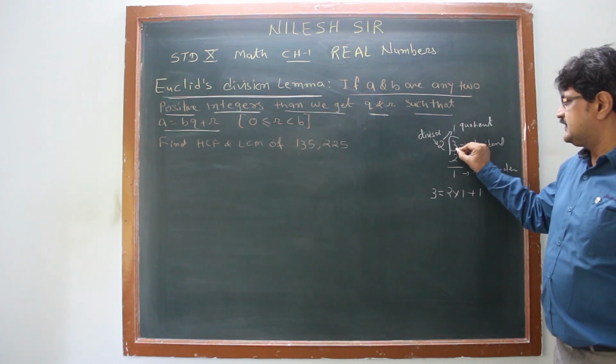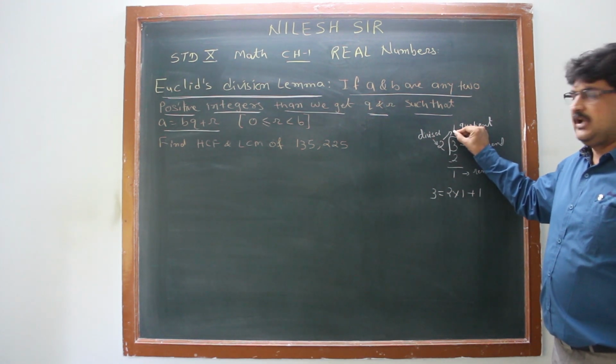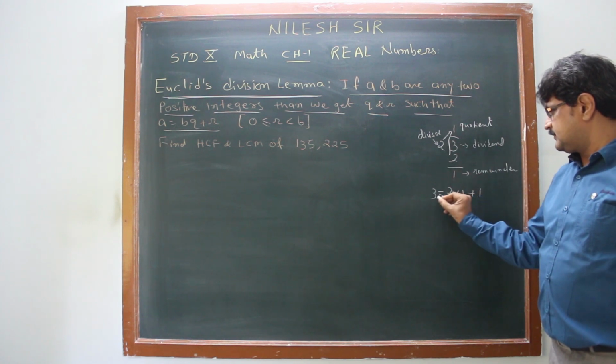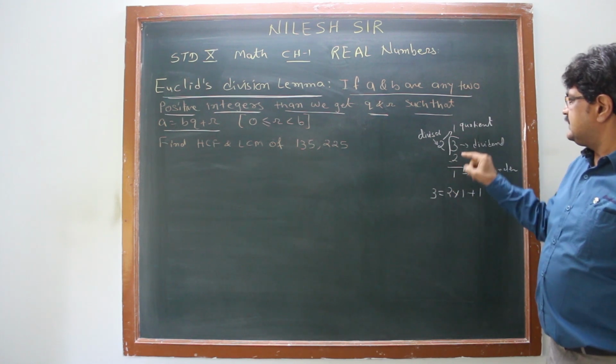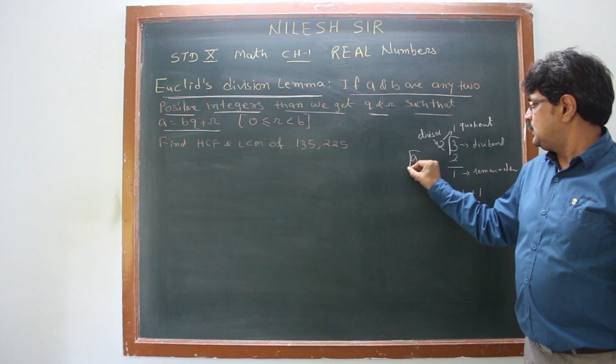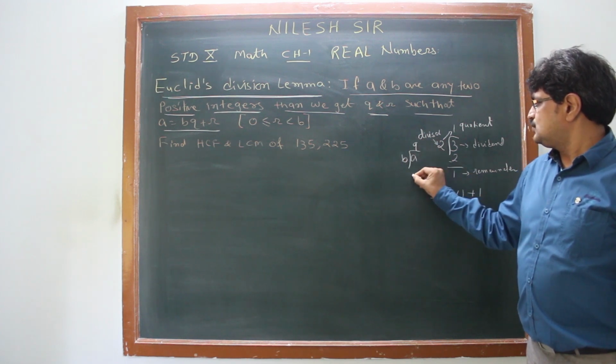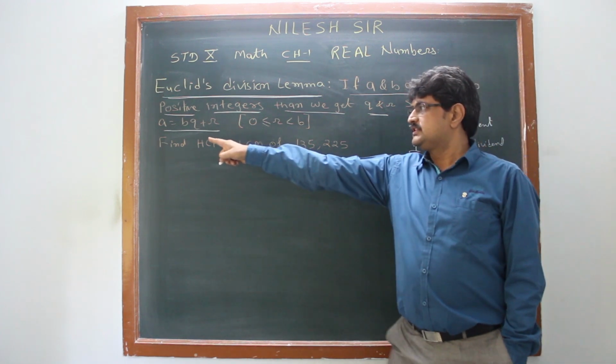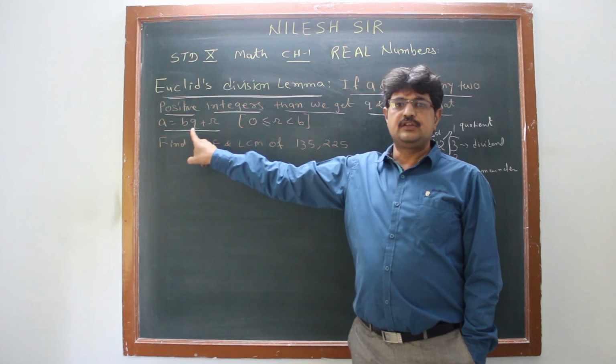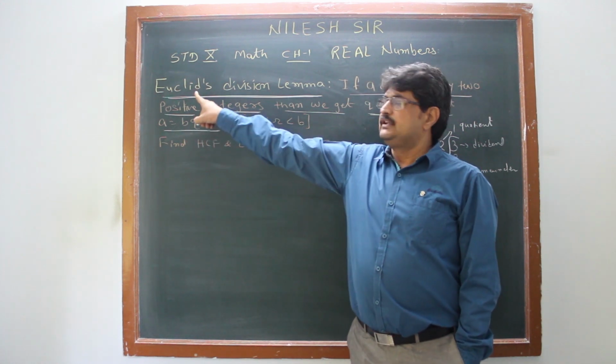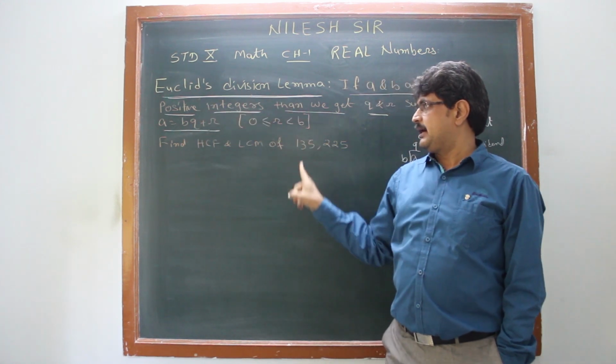In other words, 3 is equal to 2 multiplied by 1 plus 1. So I can write it as a is equal to b into q plus r. This a is equal to bq plus r indicates Euclid's division lemma.